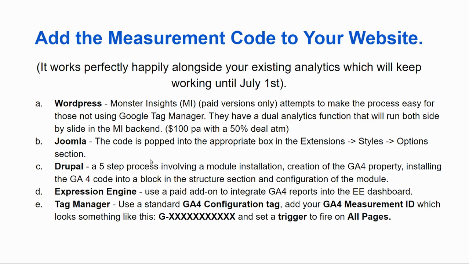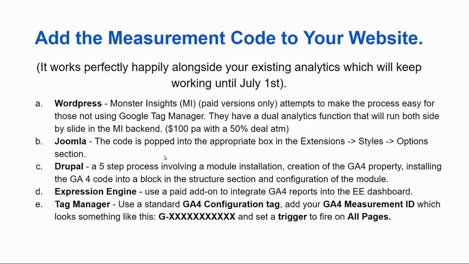Joomla, the platform that I tend to work in when I'm working with Chris Wilcox of Lightbulb Web Design, it's quite straightforward. You just go into the extensions menu, styles, options, and there's a custom code box in there, or series of custom code boxes. And the GA4 code has two parts.